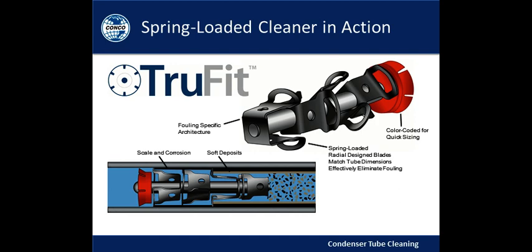If it's too large, it has the potential to damage the ID of the tube. So you have to be extremely careful in selection of mechanical tube cleaners to know that they're built to the specific size of the tubing at your facility. In this case, this manufacturer does that. Now, they go through the tubes, the scale, and the corrosion, and soft deposits are removed.